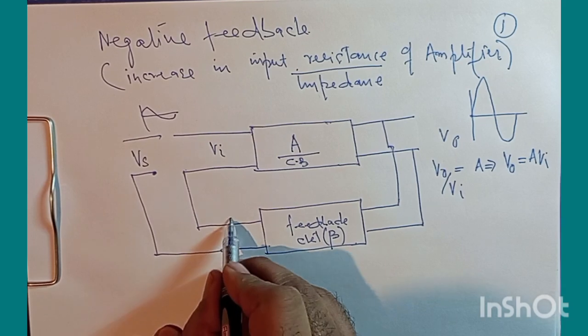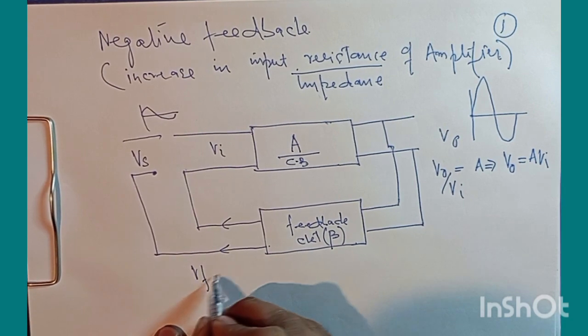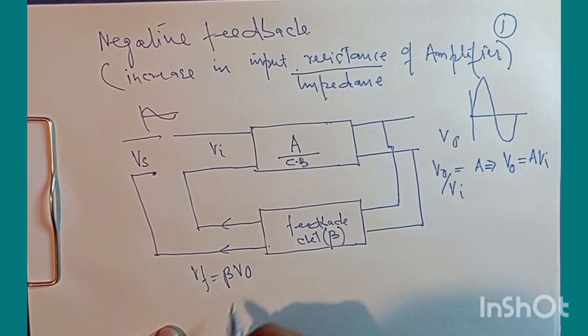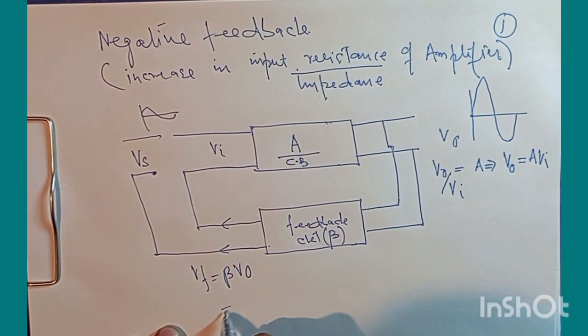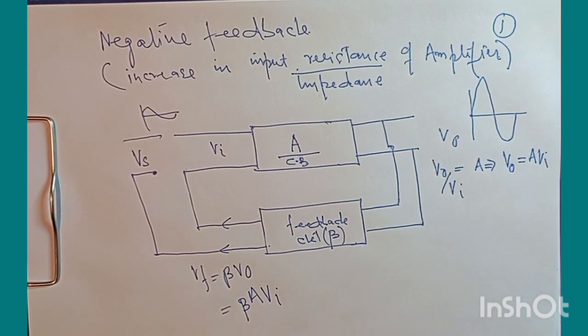So here we'll get an output, and that output will be Vf, and that Vf will be beta V out, but V out is A Vi, so it must be beta A Vi. What our aim here is, basically, is we want to see that when we are making use of negative feedback to the amplifier, what happens to the input impedance.